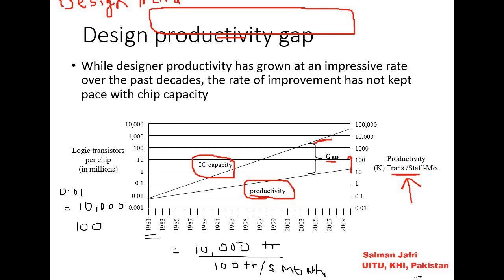Okay, so if we divide that, the transistors cancel, and we get 100 staff months.